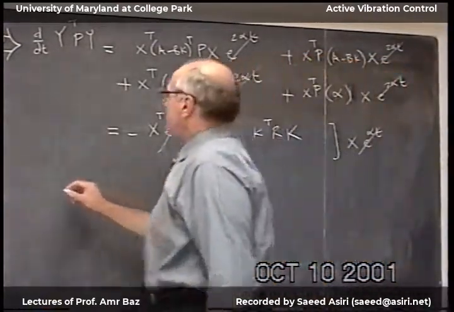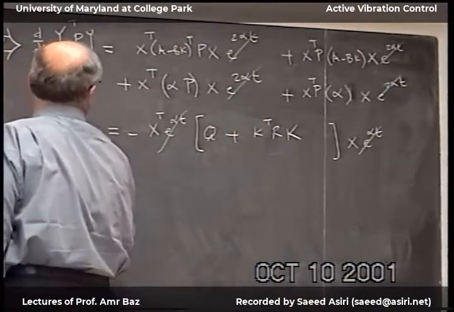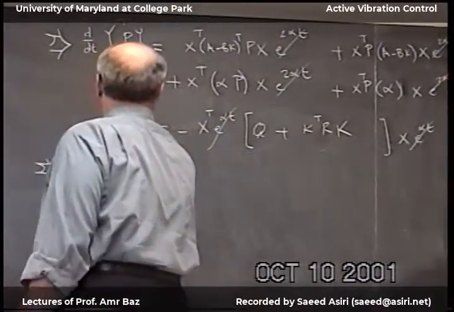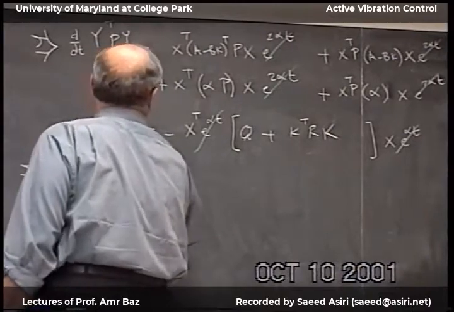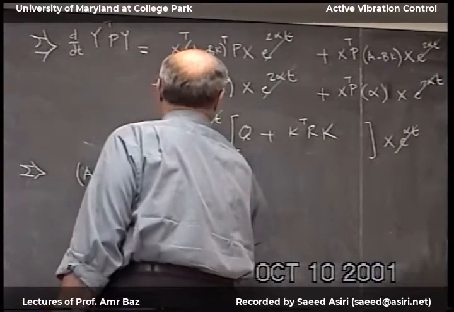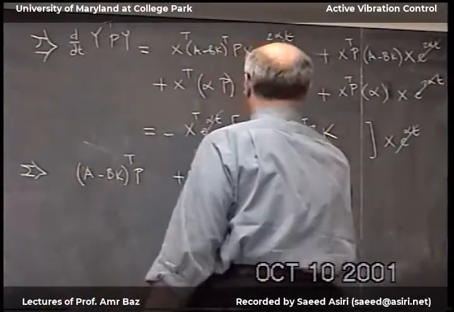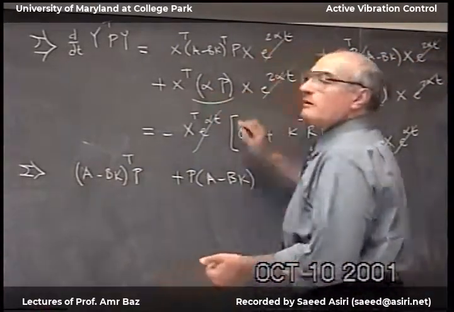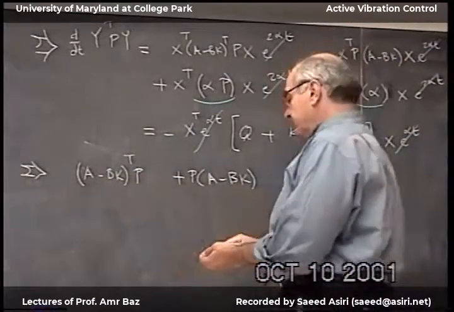So the result will be x transpose. Well, we don't have to write the x transpose, so now we'll write the a minus bk transpose on p plus p a minus bk, and we have one of these and one of these. So I'll break them down here, put one here and one here.